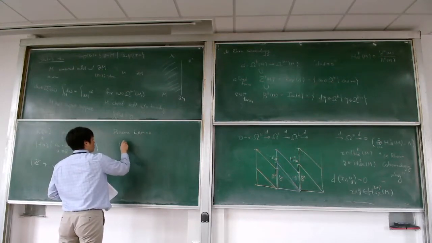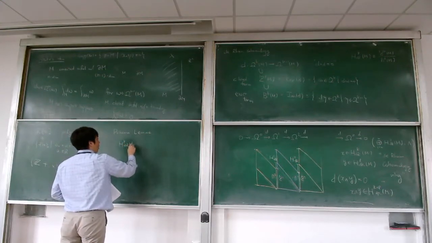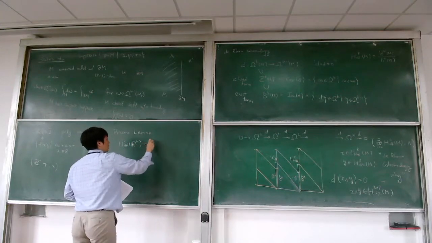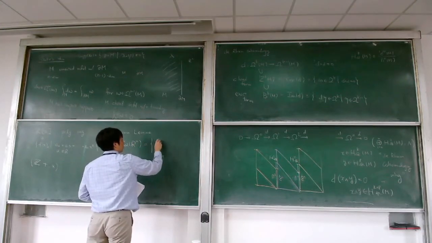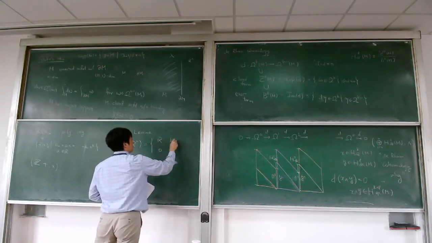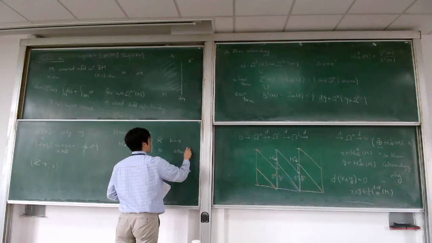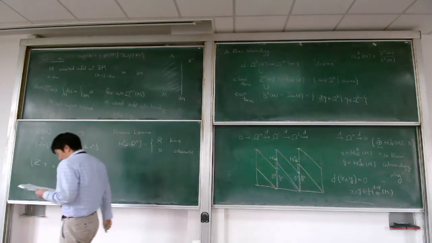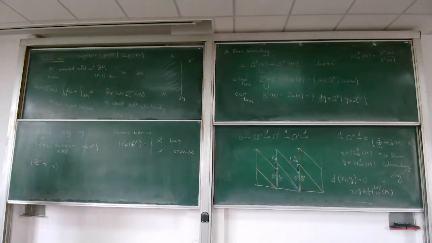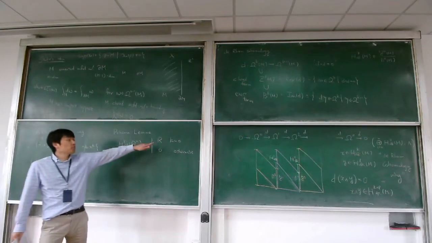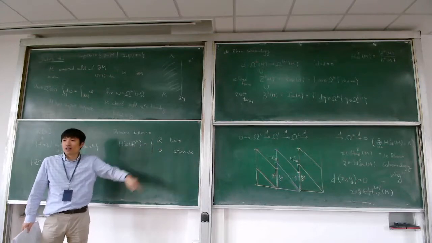Anyway, the important thing is the Poincare lemma. The de Rham cohomology of R^n is R. So what is the basis that stands for this R?